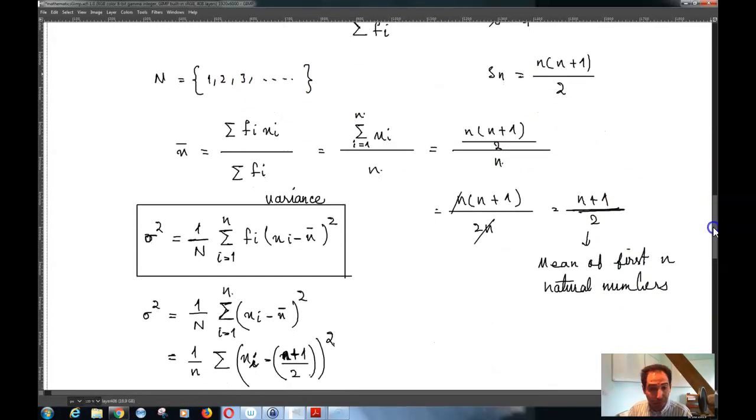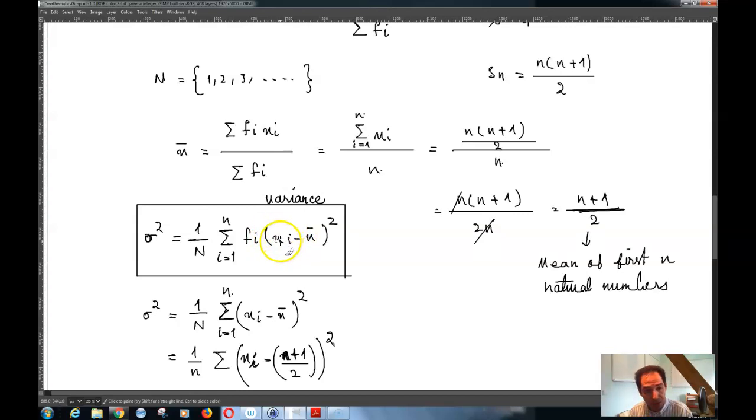Now in this formula you can think of this n as the lowercase n as well, and of course then x bar would be this value here, (n plus 1) divided by 2, and you have to keep x of i as x of i.